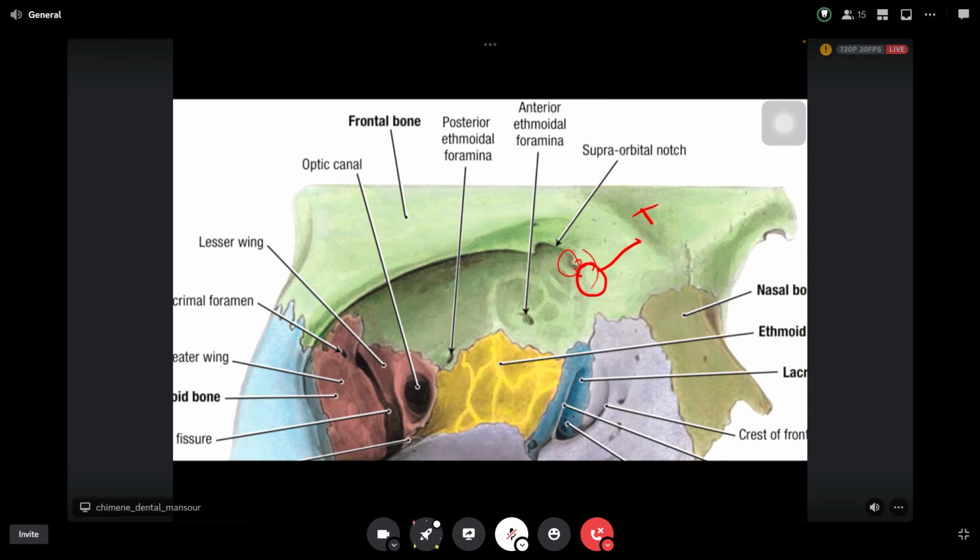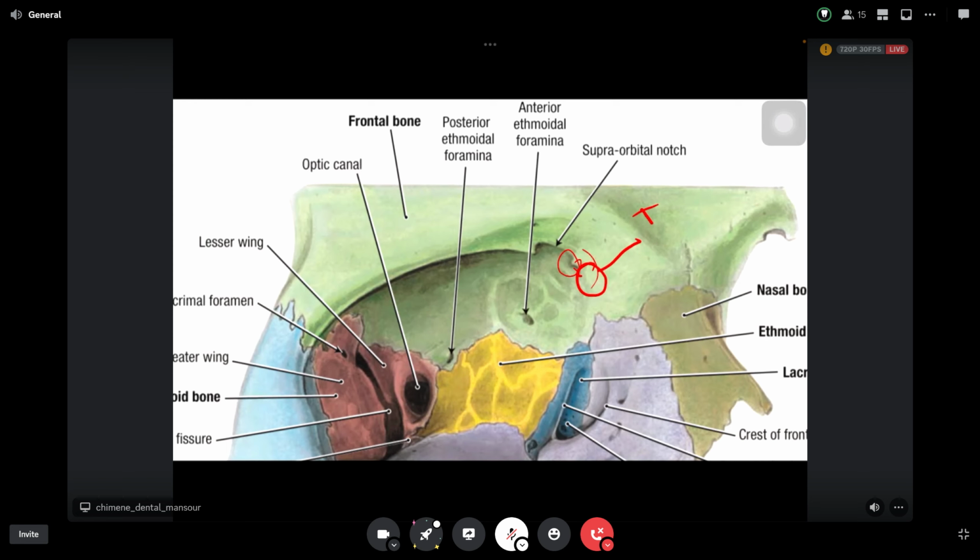tears. So here we have an anterior view of the lacrimal apparatus of the eyes. In the lateral part of the orbit, I've told you that we have a fossa, right? This fossa belongs to the lacrimal gland, right?